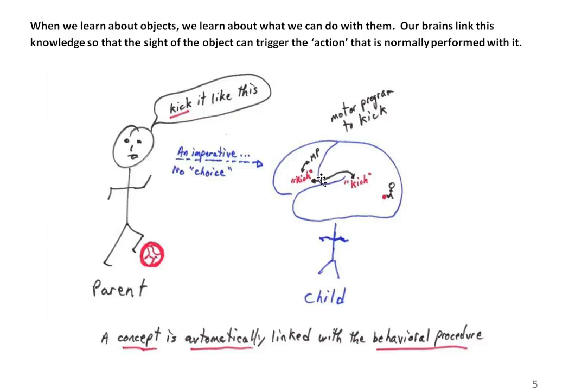So children are imitation machines, you might say. They are well equipped to observe the actions of others and to repeat those actions. And perhaps a newly evolved or improved mirror system facilitates imitation in human children, and the chimps don't have that.